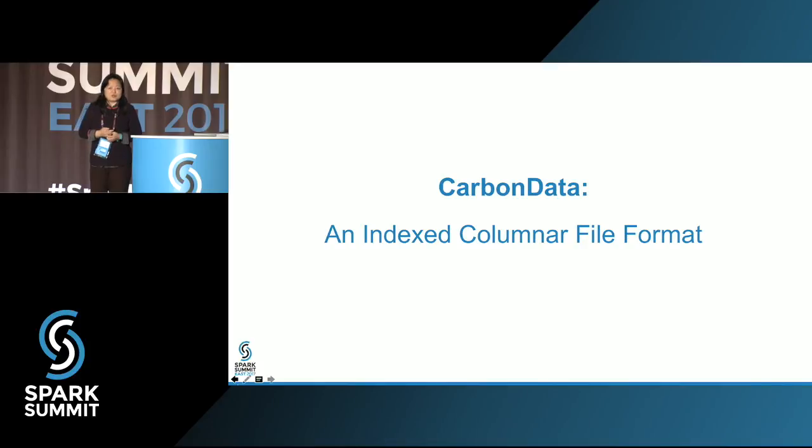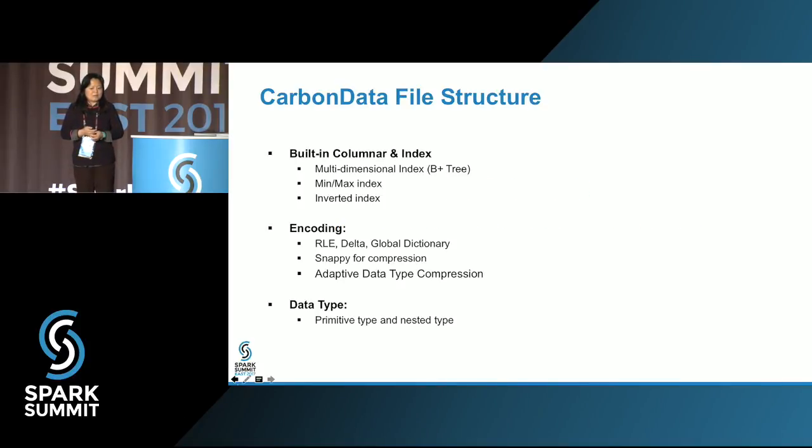If I have to use one sentence to summarize what Carbondata is, Carbondata is an indexed columnar file format. So what do we mean? From a very high level, you can see we introduced multi-level indexes to columnar storage. From the multi-dimensional B-tree index, we also support a column level min-max index, as well as a column chunk level inverted index.